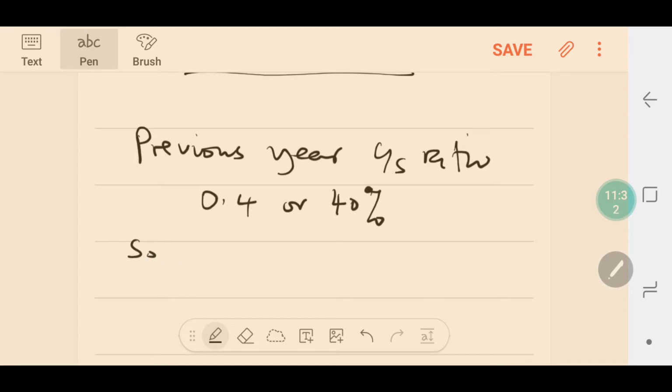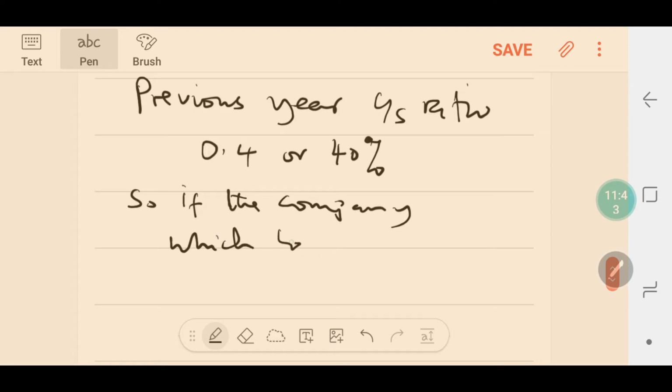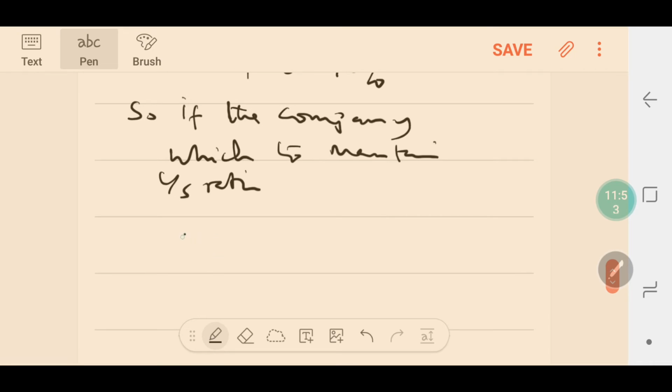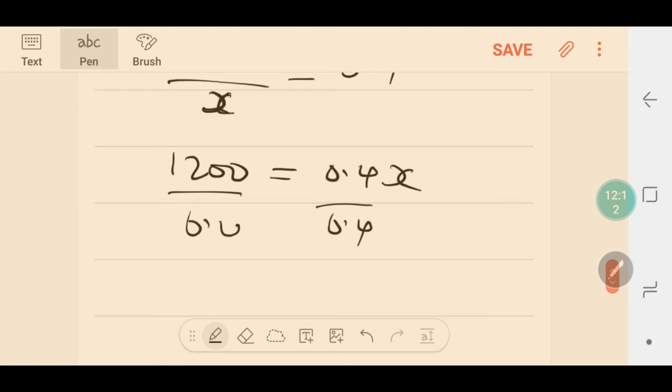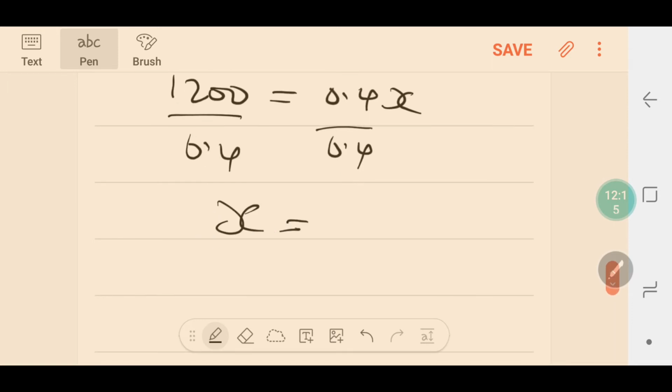So if the company wishes to maintain the previous year CS ratio, it means that the current price must be equal to how much? 3,000.